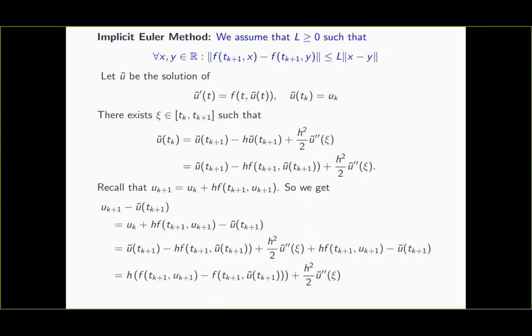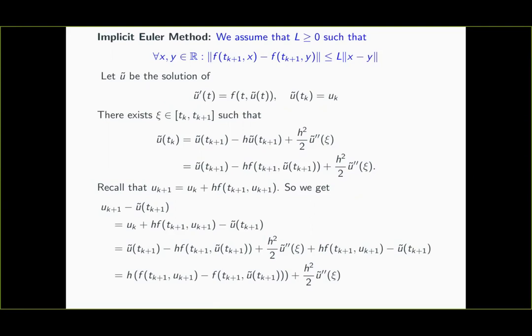So let us from here assume that we have got some constant L that is non-negative, such that we have got our usual inequality. For all x and y that are real numbers, we have the Euclidean norm of f of t_{k+1}, x minus f of t_{k+1}, y is bounded from above by L times the Euclidean norm of x minus y.